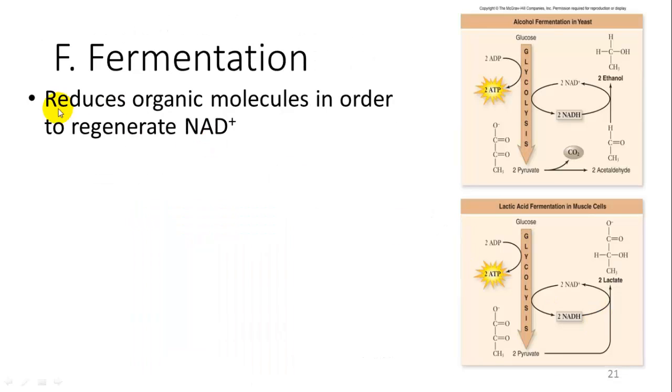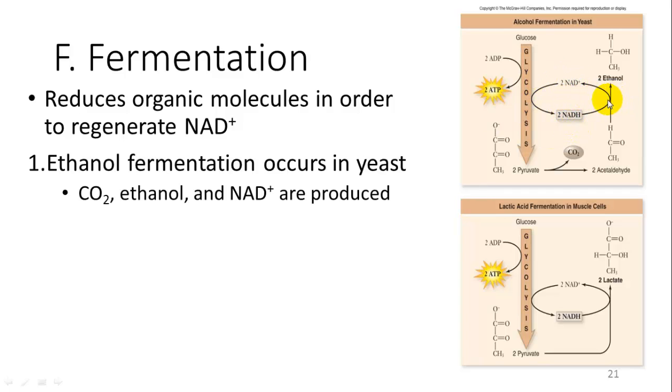Okay, what happens with fermentation is you go through glycolysis and you get ATP out of it, and you produce NADH. But you need NAD plus in order to complete glycolysis. So in fermentation, it takes an organic molecule and reduces it, and as it does so, it converts NADH back to NAD plus. Okay, and then that NAD plus can be used in glycolysis.